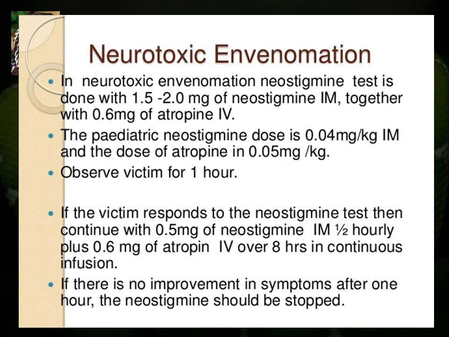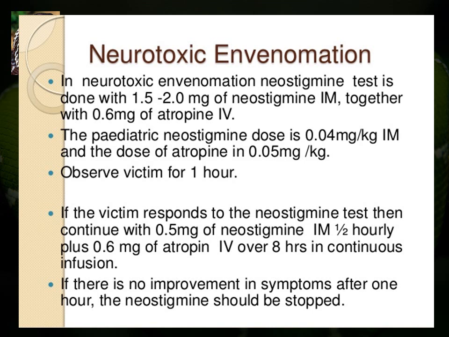Here we have to administer neostigmine, but before that, we go for a neostigmine test, which is done with 1.5 to 2 milligram neostigmine IM together with 0.6 milligram of atropine given IV.